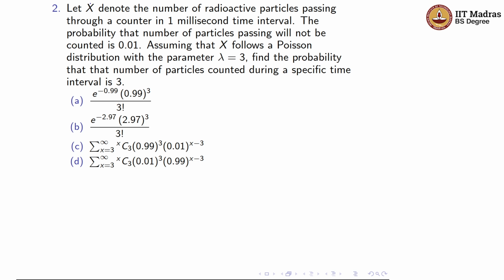So here the random variable x is representing the number of radioactive particles passing through a counter in 1 millisecond time interval. And the probability that the number of particles will not be counted is 0.01.